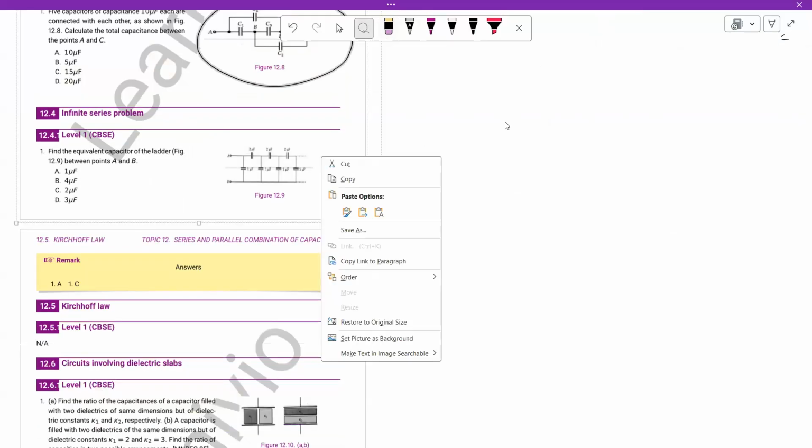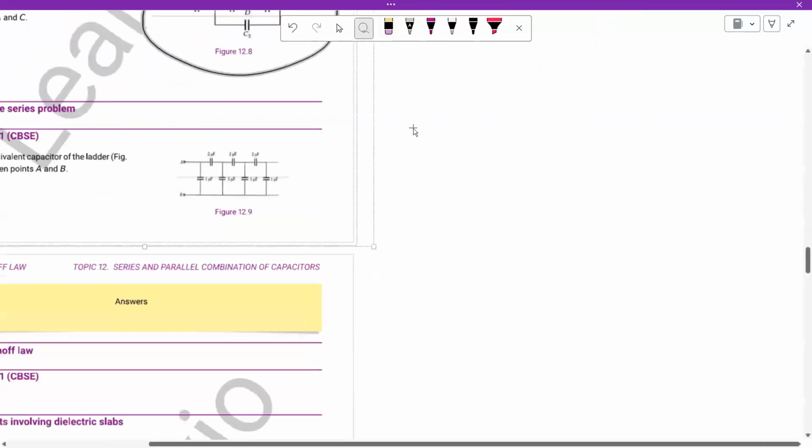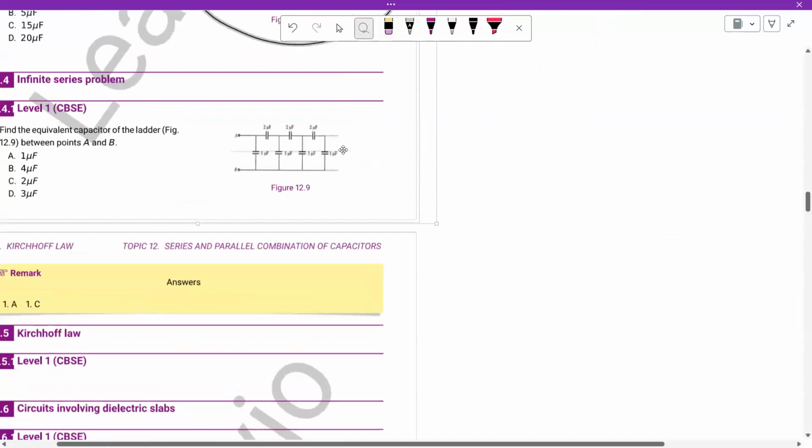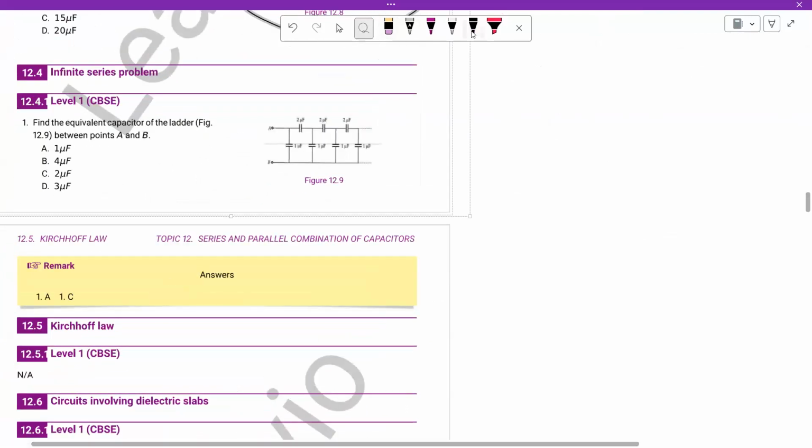Okay, so the next question is this infinite series problem. In this one, find the equivalent capacitance of the ladder. So this is the diagram.